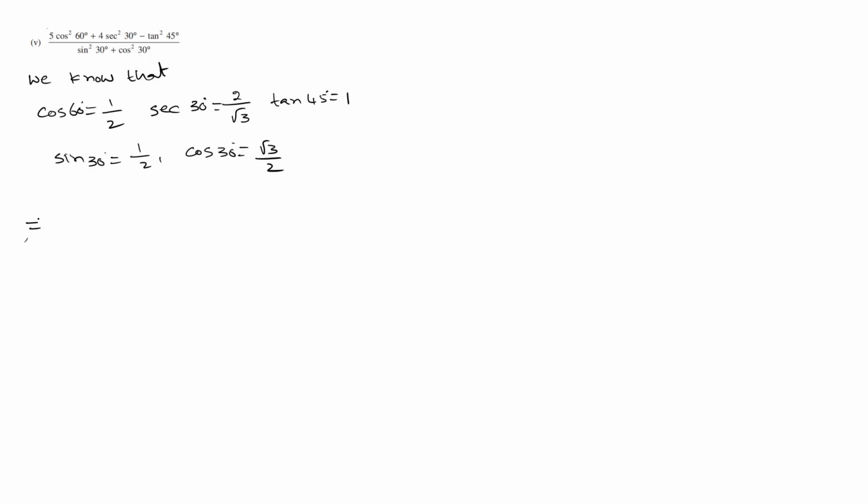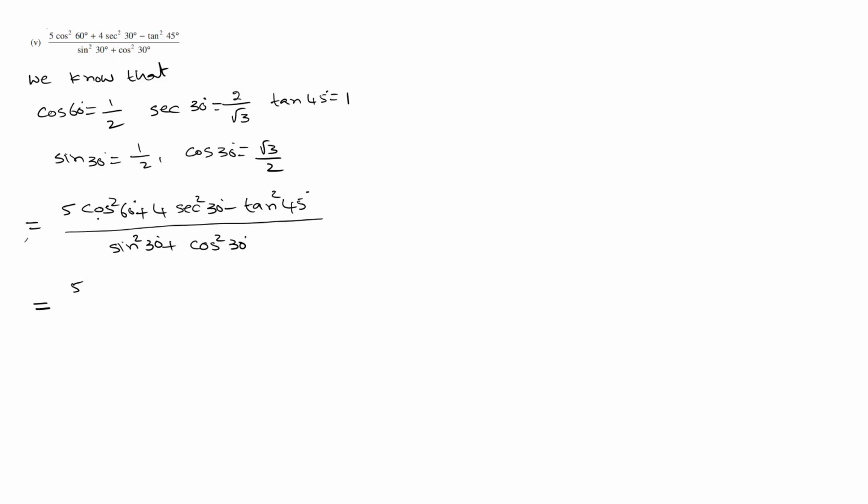So what is given here? 5 into cos square 60 degrees plus 4 into secant square 30 degrees minus tan square 45 degrees, whole divided by sin square 30 plus cos square 30 degrees.